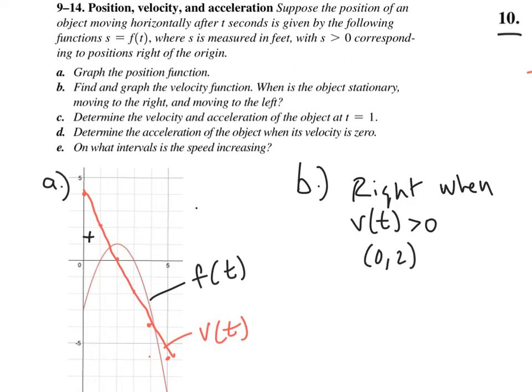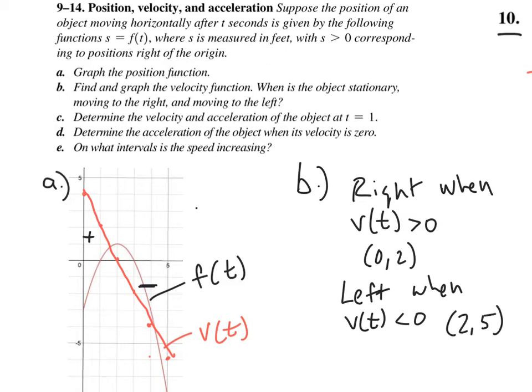We're moving left when v of t is less than 0, when v of t is negative, and that's down here between 2 and 5, below the x-axis.